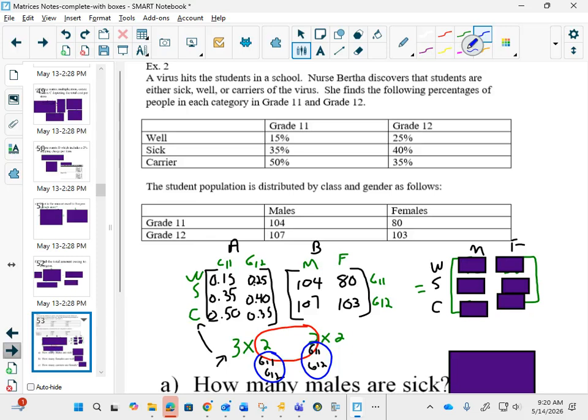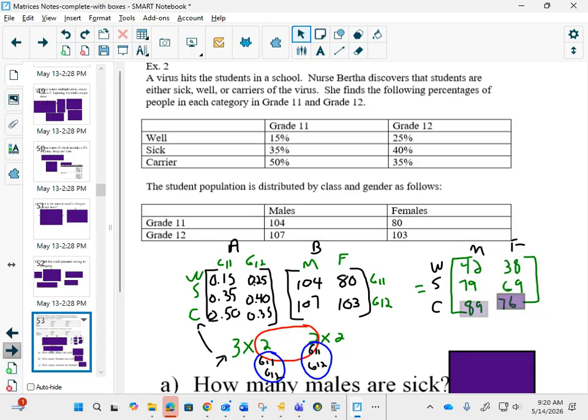And if they do, and we multiply them together, we can find out the following. 42 males are feeling well. 69 females are sick. 89 males are currently carrying the virus.